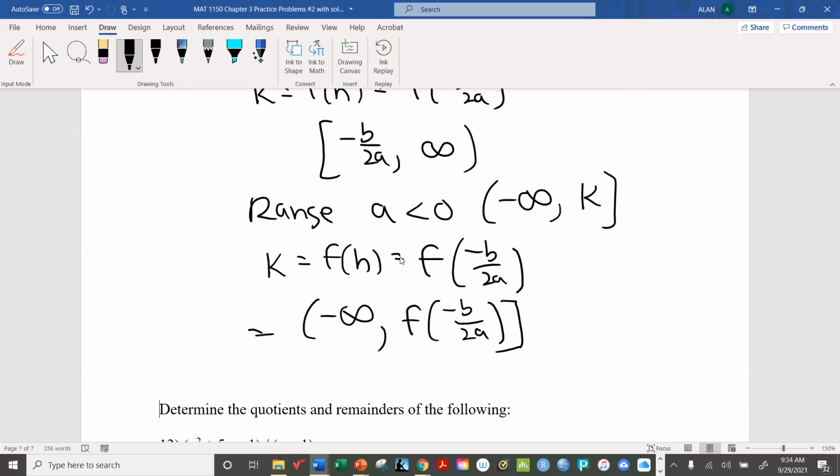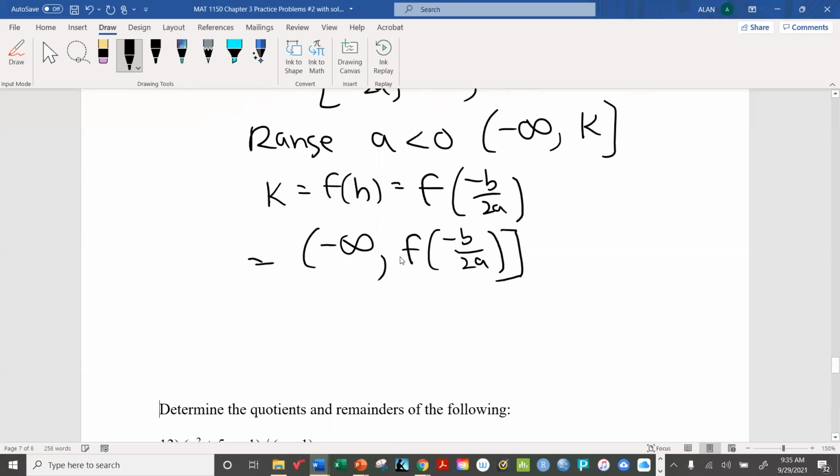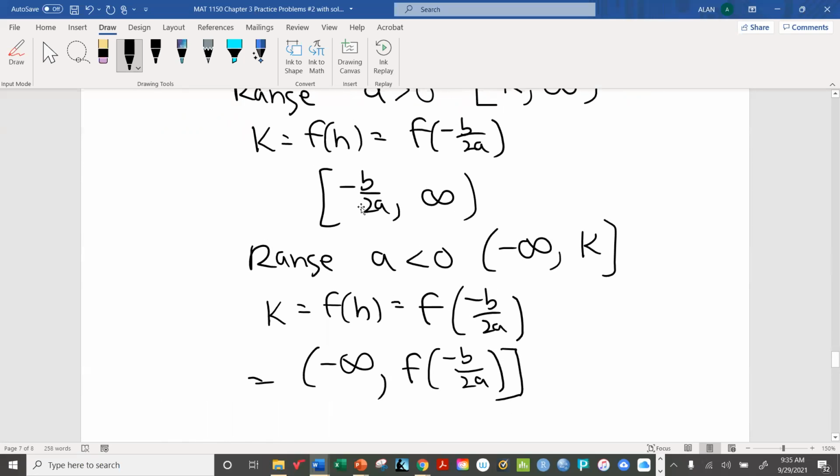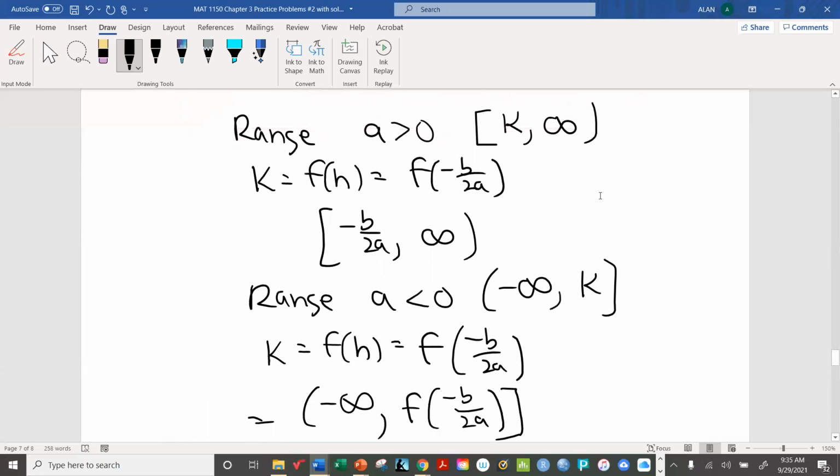And by the way, don't forget the square bracket means that it includes that value. Okay, so that's why it's written that way. Oh, wait a minute. No, sorry, I wrote this one wrong. This should have been f of, hold on one second. There we go. So you can see the two are sort of like mirror images of each other.